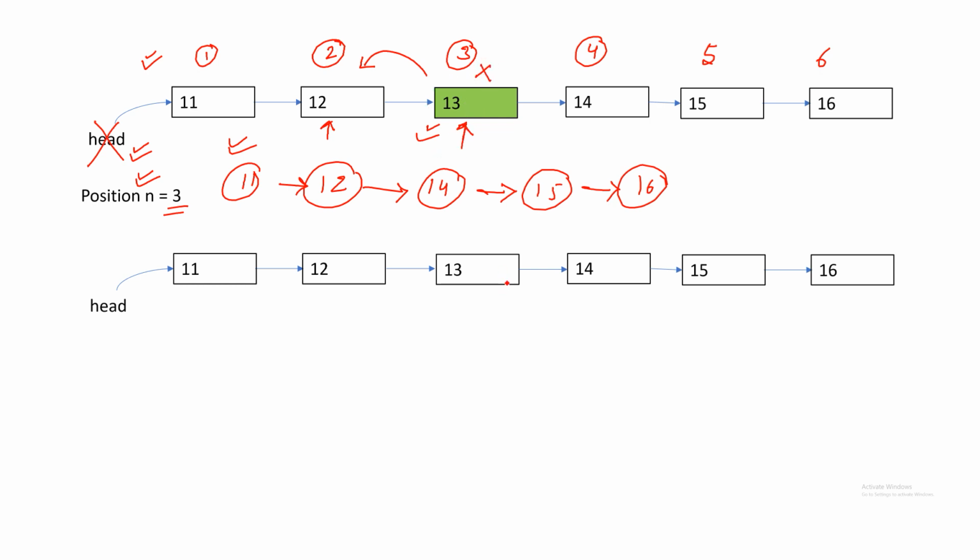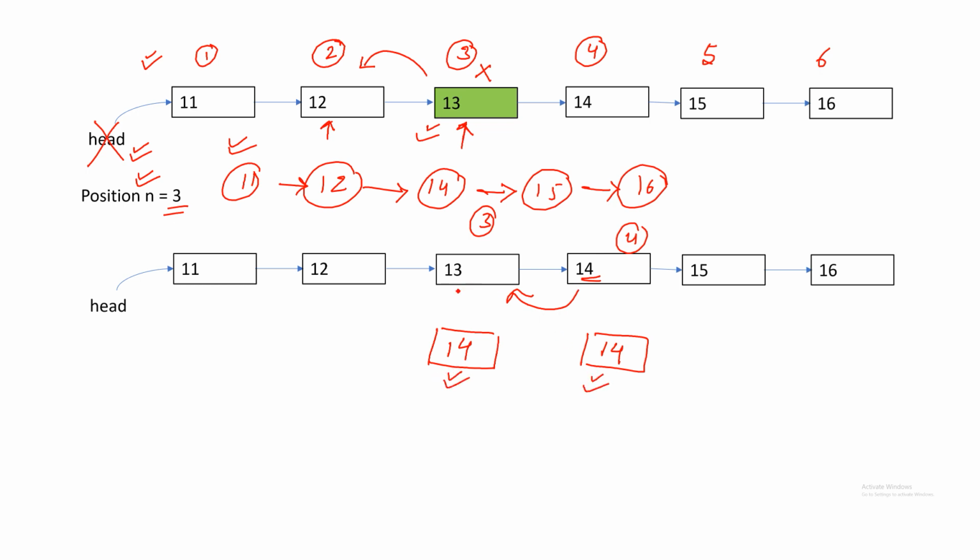We will use one trick where we will copy the value of node 14 into node 13. So after copying, the value will be like this. In this, both the nodes having position 3 and position 4 will be having the value 14.